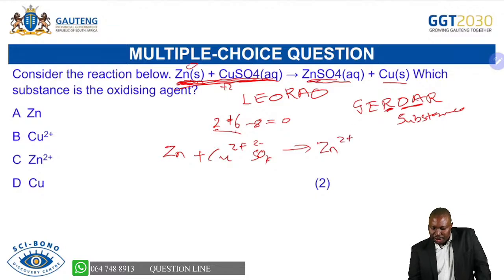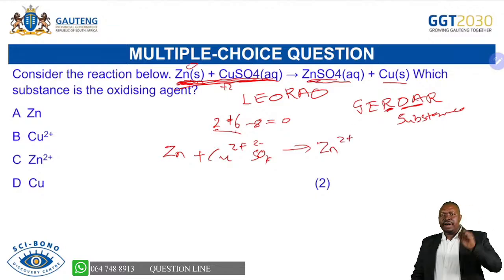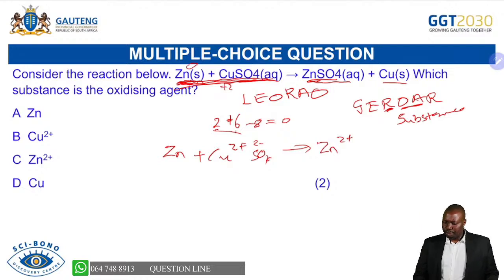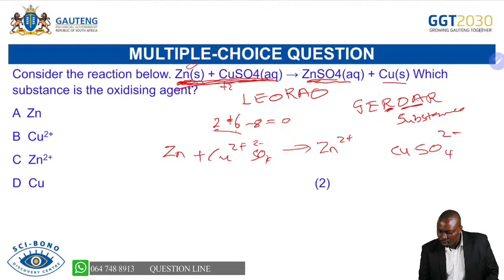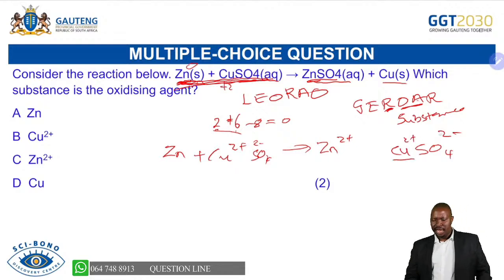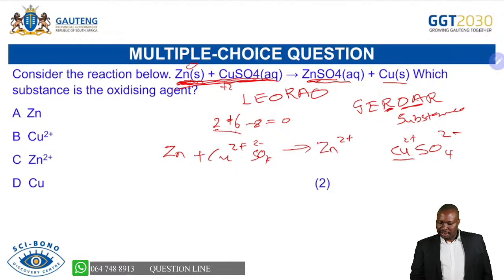If it's in an aqueous solution, you know that's where we have our ions. These salts that have SO4, you know SO4 is SO4 2-. So it's very important that when I see something like copper sulfate, it must be Cu2+, because when you add the charges, they must give you 0. It's important you know that zinc is becoming Zn2+, plus copper.